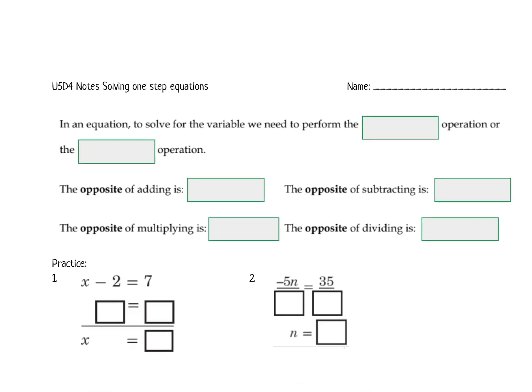So it says in an equation, to solve for the variable, we need to perform the inverse operation or the opposite operation. Inverse is just a fancy math word for opposite.